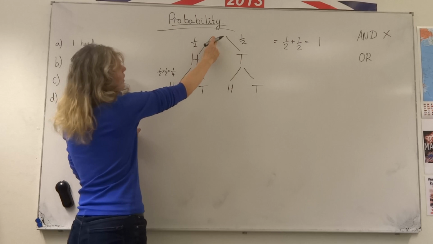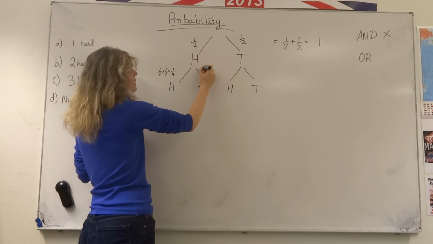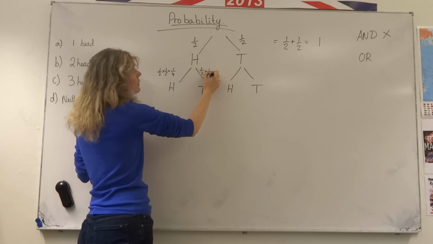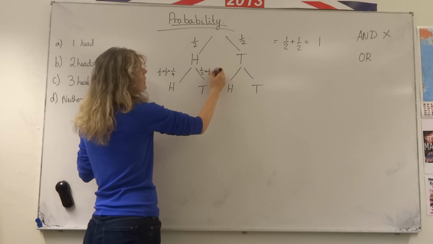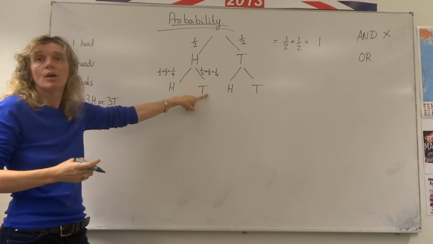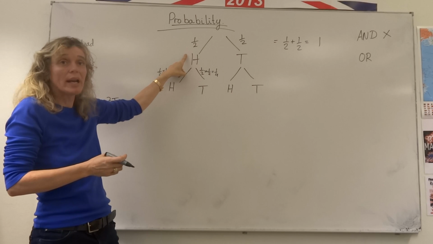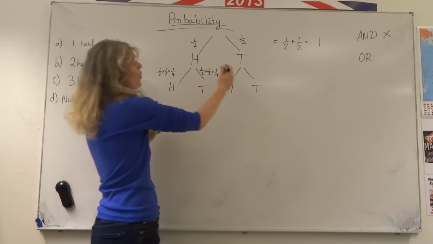What's the chance of me getting first a head and then a tail then? Well, it's the same thing. First chance was a half, that I got a head, and a tail. The chance of me getting a head and a tail is 1/4. So it's going to be 1/4 on all of these.